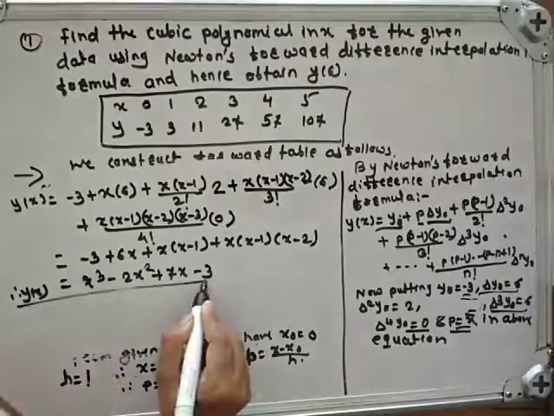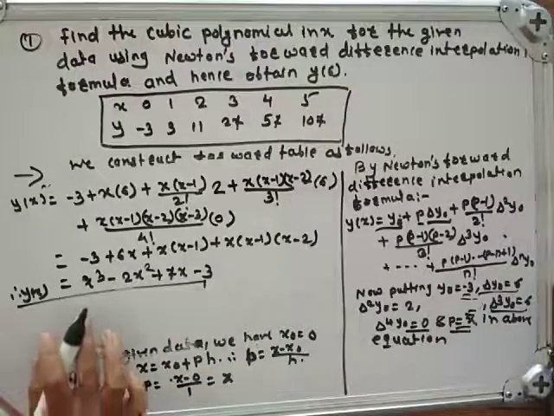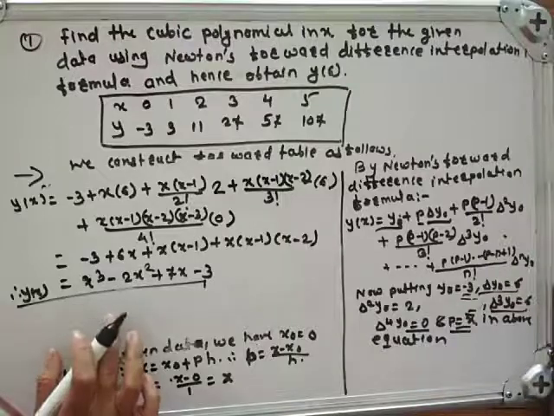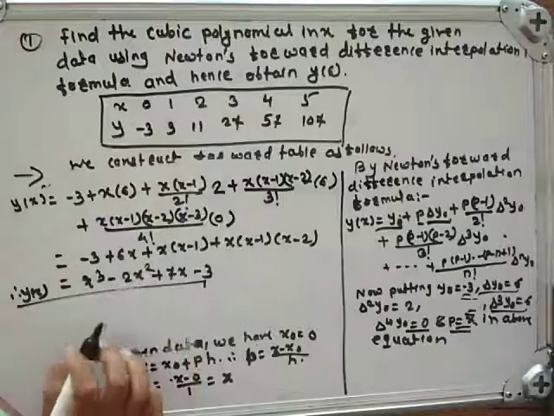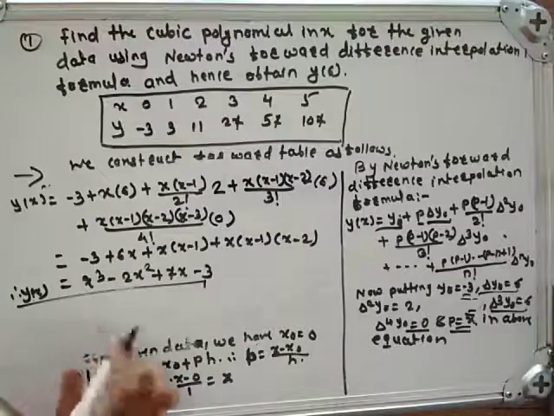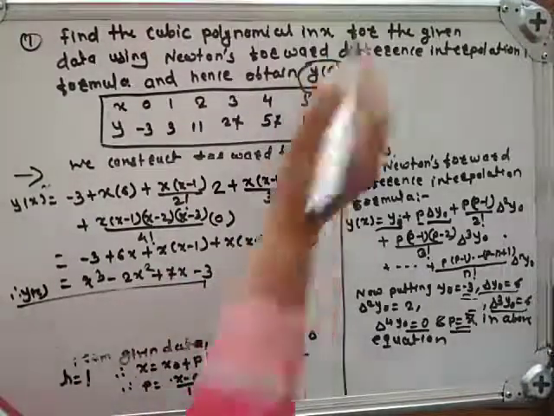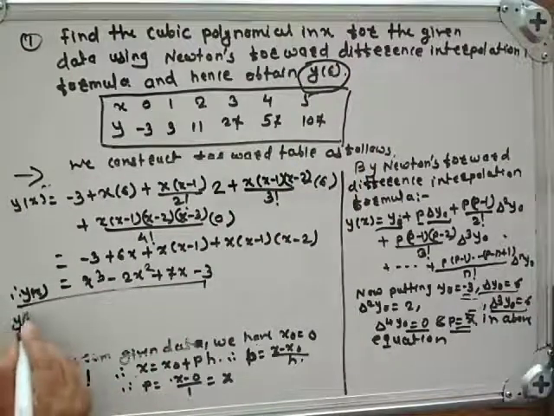This is the third degree polynomial in x for the data by using Newton's forward difference interpolation formula. We have to also calculate y of 6.